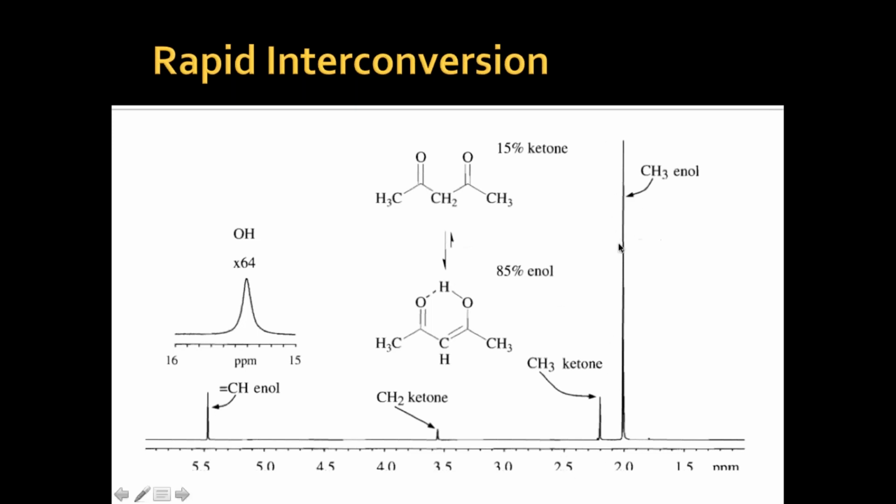You can see the CH3 from the enol, you can see the CH from the enol, right? This CH from the enol. You can see the OH from the enol, but from the ketone it is very little. You can see the CH3 from the ketone, you can see the CH2 from the ketone, but the amount, you can see in the NMR concentration.